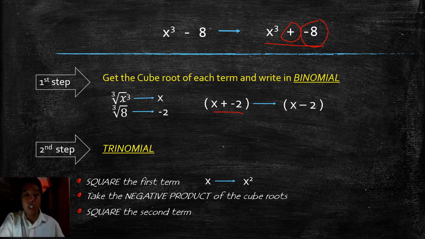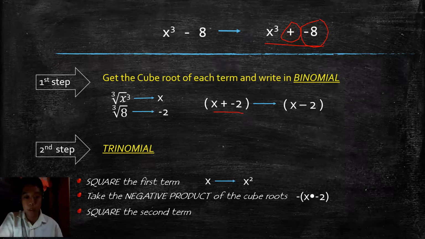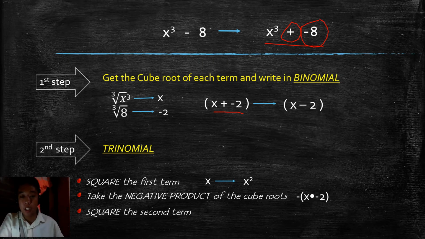Diba yung cube roots natin is x and negative 2. So, i-multiply natin sila and then take the negative. So, negative of x times negative 2. Simplify muna natin yung sa loob. So, x times negative 2, we get negative 2x. And then, negative of negative 2x, we get positive 2x.